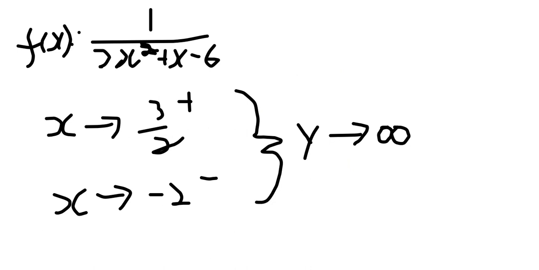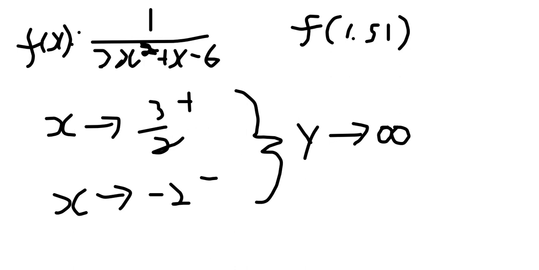So again, to verify this, for this one, put in values for x slightly bigger than 1.5. So look at maybe f at 1.51 or f at 1.501. So that's values approaching 3 over 2 from the right.